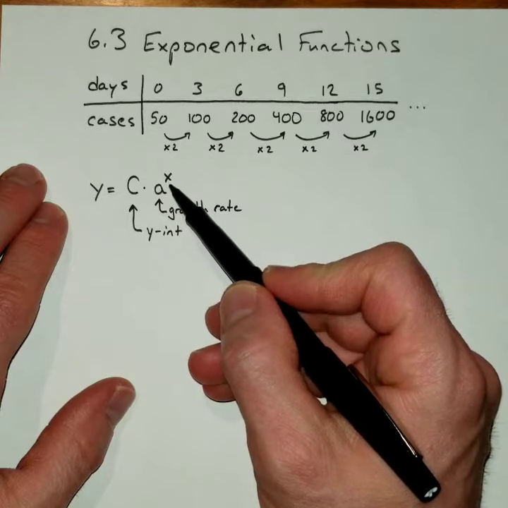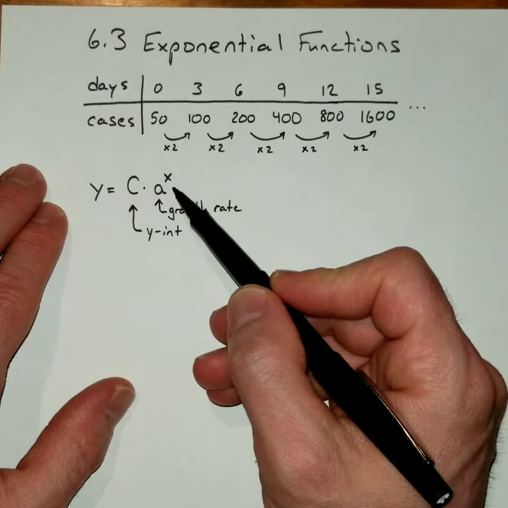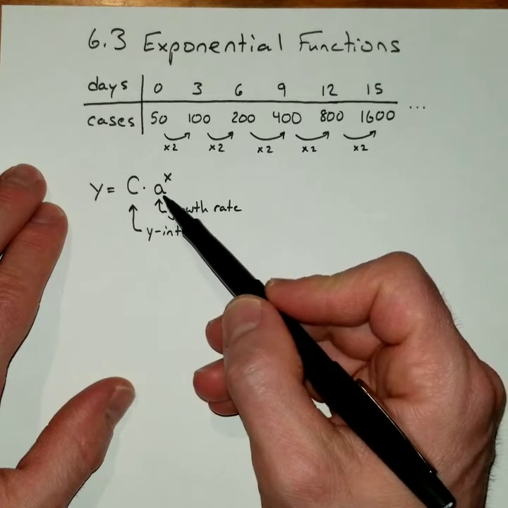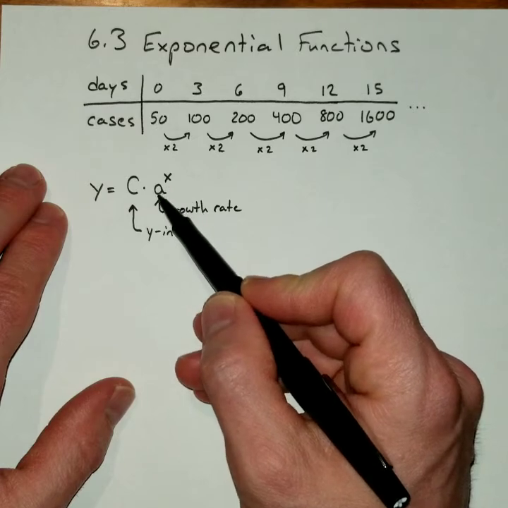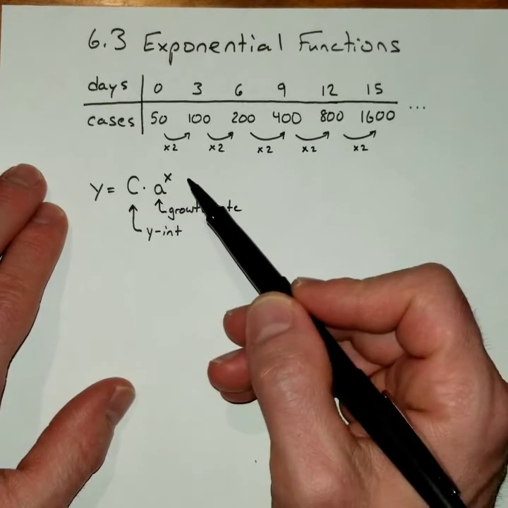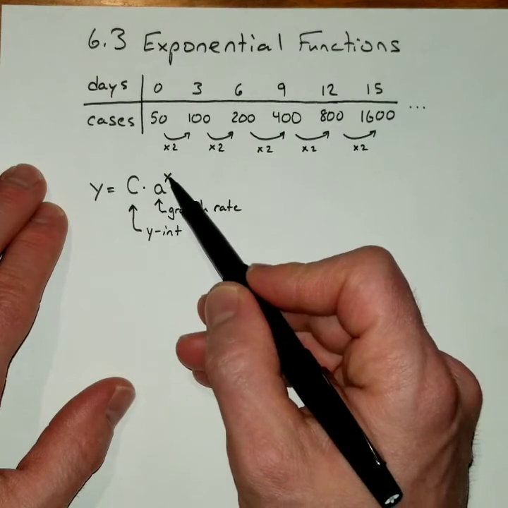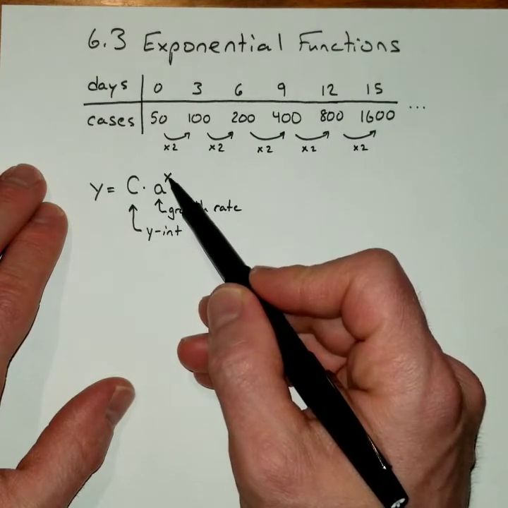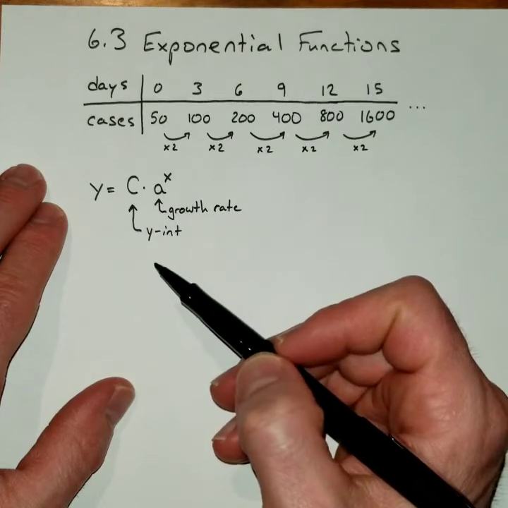With all of our polynomials and rational functions and other things we've seen, quadratics and linear functions, the variable is always in the base. It's like x to a power, x to the second, or something like that. But here we have the x up in the exponent now, and the base is constant, so it just flips the roles there.